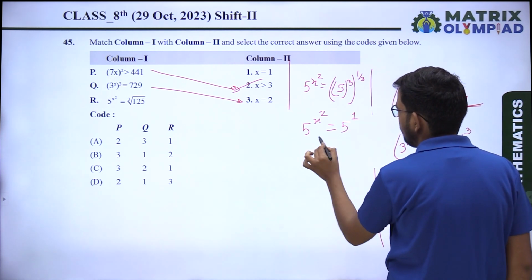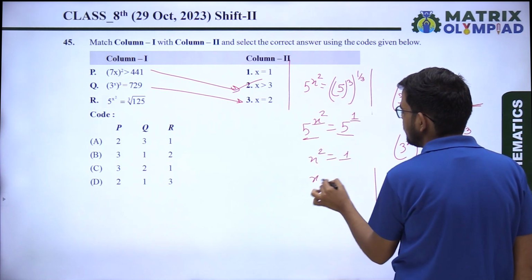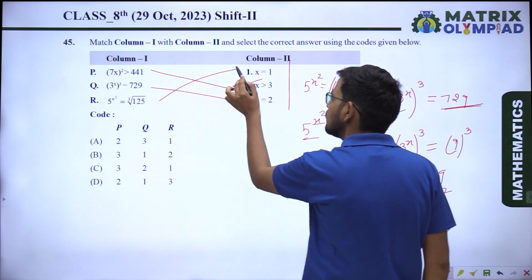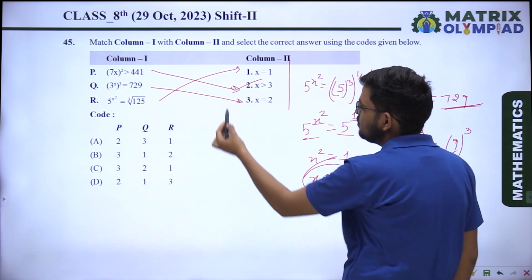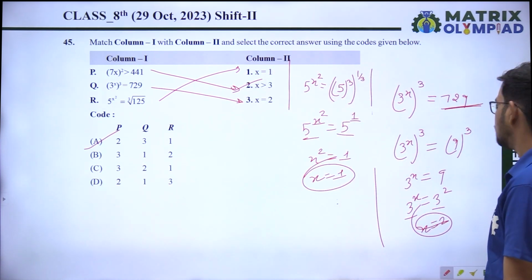So when we compare the powers, x squared equals 1, so x equals 1. So the correct answer is 2, 3, 1. Option A is the correct answer.